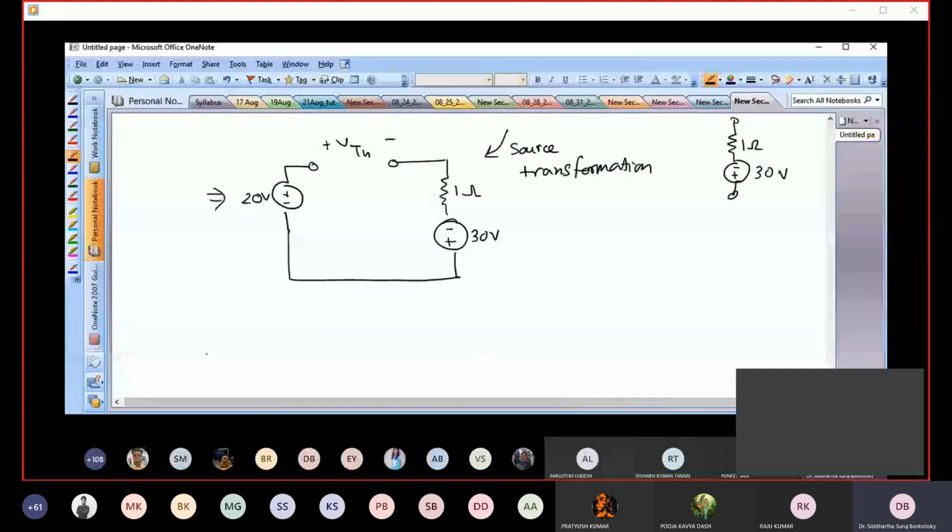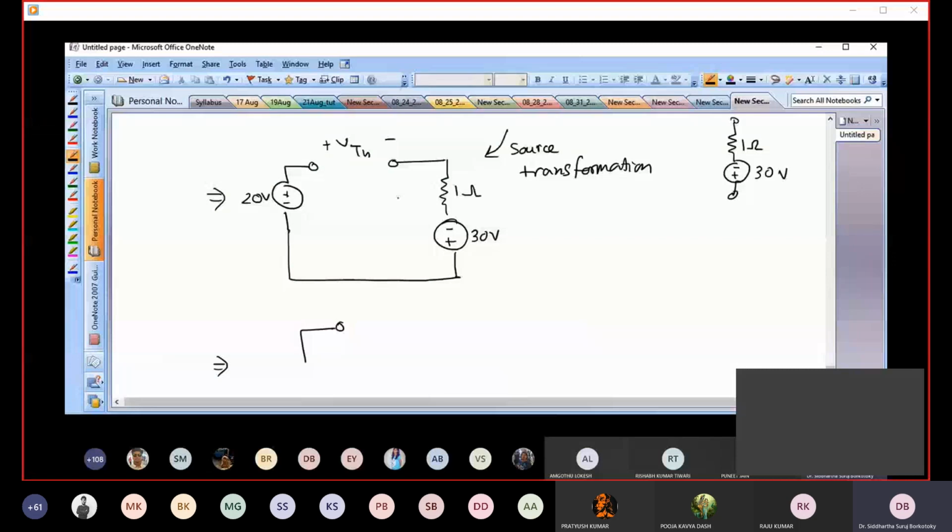And so this can be simplified further because if you look at this circuit, you have 20 volt and another 30 volt in series, and their potentials are in the same direction. If you move in this direction, there is a potential rise.